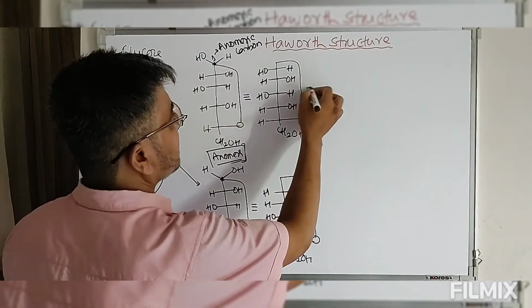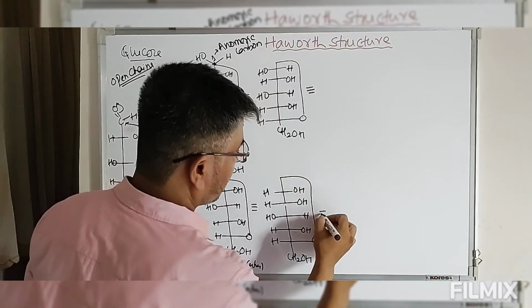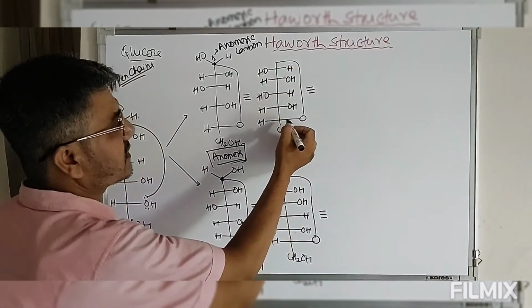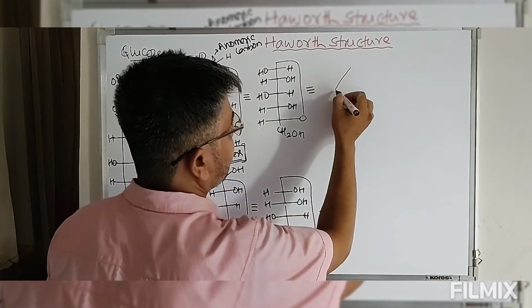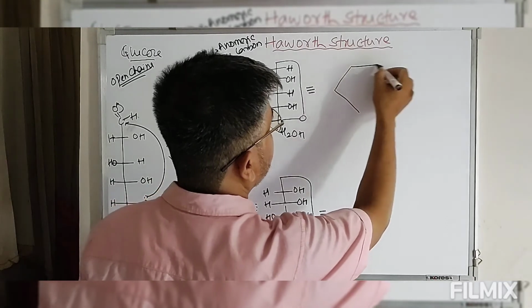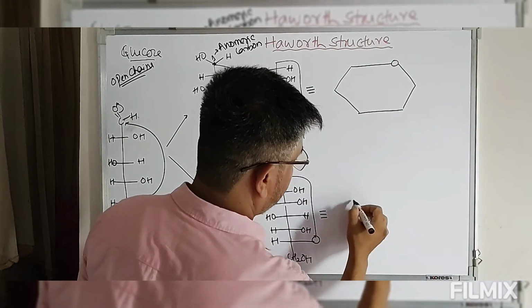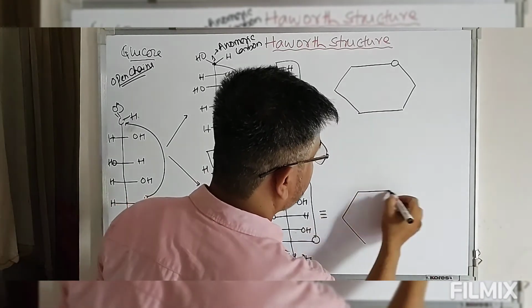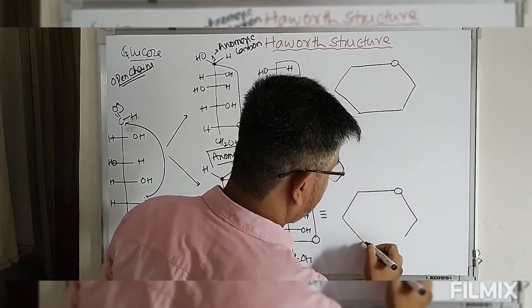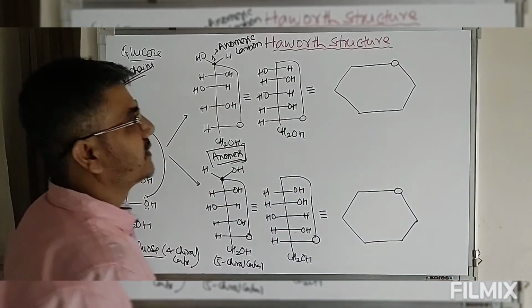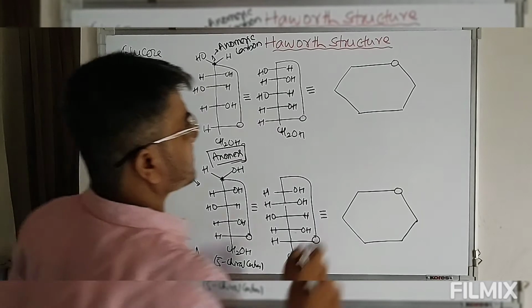Look at it. This can be converted into this cyclic form, the 6-member cyclic form, starting with this carbon. So now look at this. We are starting from this.